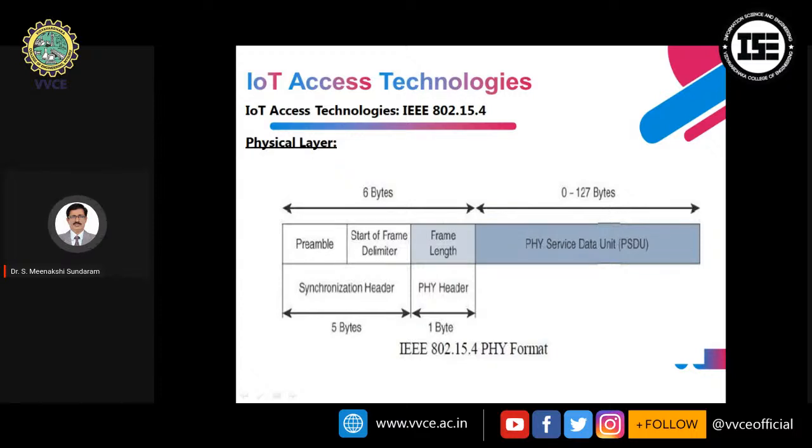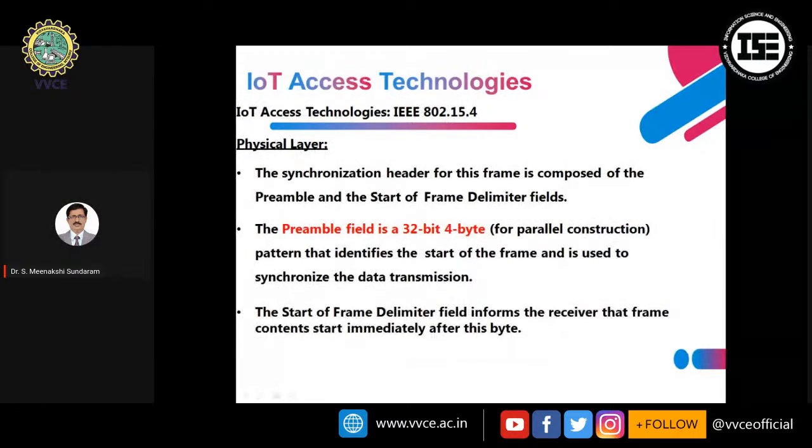So this is one example of a physical layer format, the IEEE 802.15.4 physical layer format. So 6 bytes for the preamble, that is the synchronization header, then the physical header, which includes the frame length, and 0 to 127 bytes for the physical service data unit, PSDU.